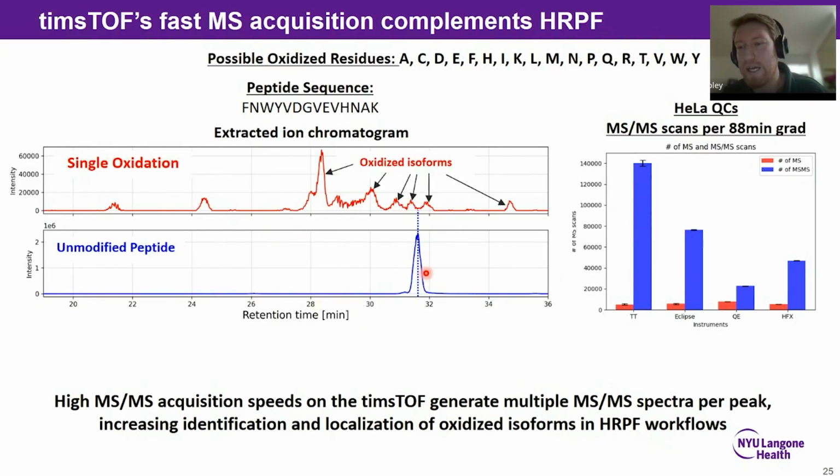Another thing I really like is if your source conditions are a little too hot, you could have in-source oxidation, which is an artifact. The way you would look at that is look for a peak in the oxidized peptide at the exact point where the wild type elutes. What's really nice is that the unmodified peptide fits right in between those two oxidized peaks. So we don't think that the oxidation around this peak is coming from too hot of a source.